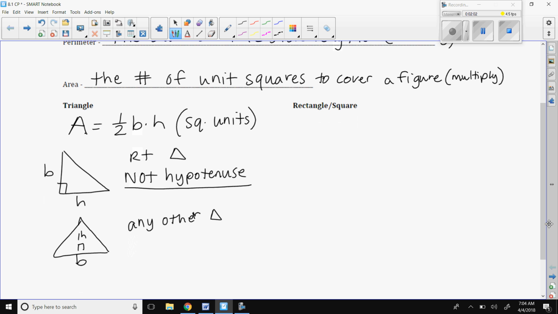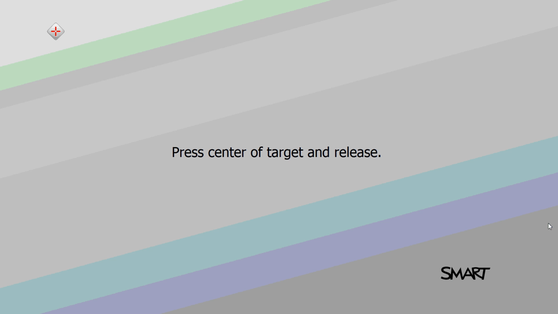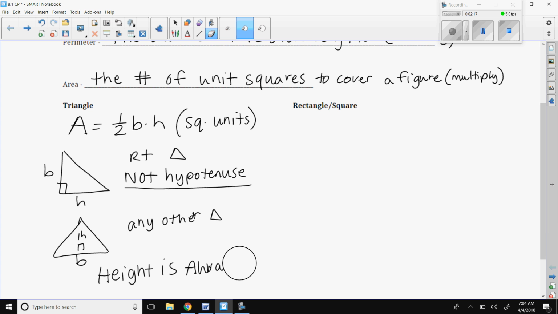And what we want to know here is that the height is always perpendicular to the base.